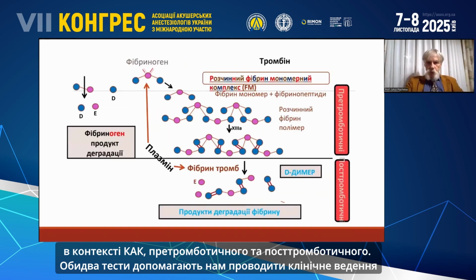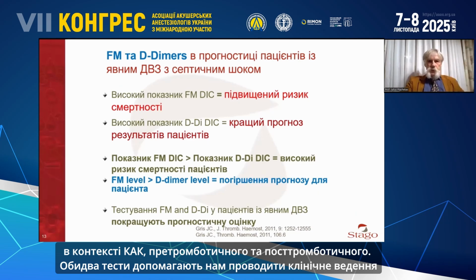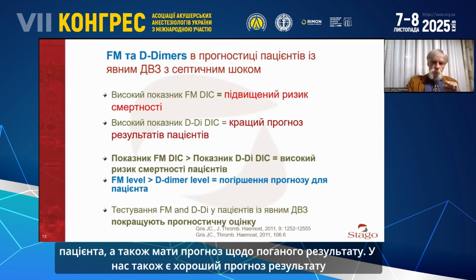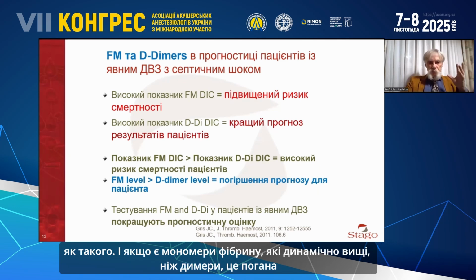Pre-thrombotic, post-thrombotic. Both tests help us with clinical management of the patient, and also to have a prognosis of bad outcome. We also have a good prognosis of the outcome as such. And if fibrin monomers are dynamically higher than the dimer, it is bad.